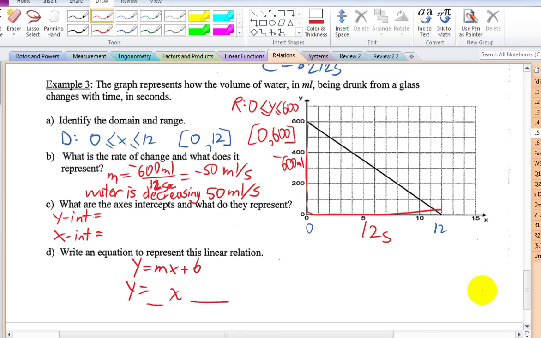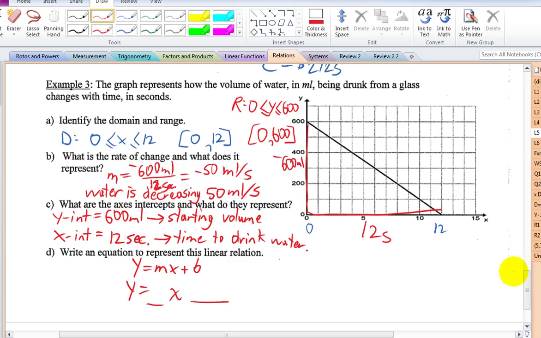What's your y-intercept? 600 milliliters. That's the starting volume. X-intercept, 12 seconds. That's the time to drink the water.